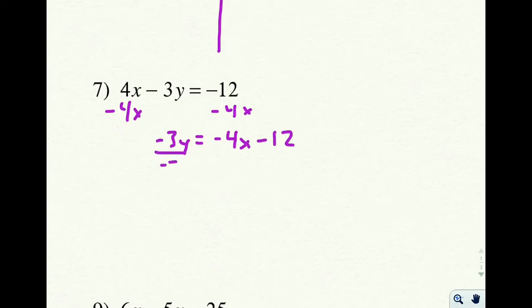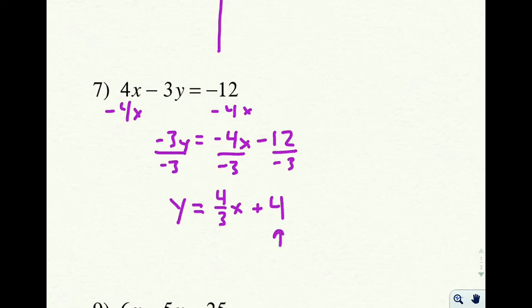And I would then divide every single term by -3. So in this case I get y equals +4/3, the negatives cancel, x. And you'll notice I put the x out front just because it helps me better see that my slope is 4/3. And then -12 divided by -3 is a +4, so +4. So I could get it in that format, and then I could trace my line.